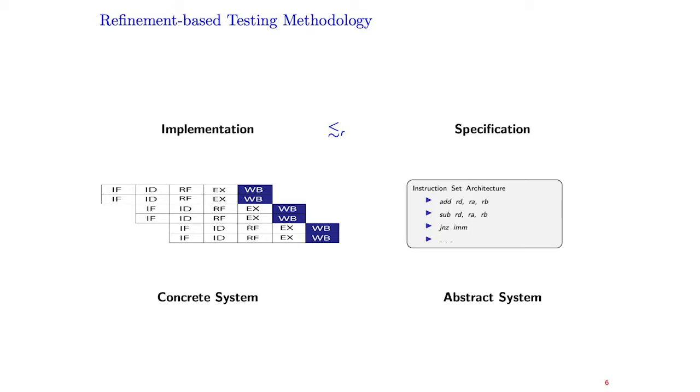And what we want to show is that this complex pipelined, multi-issue machine has no behaviors that are not permitted by the specification. And that's one property. It's the refinement conjecture, and if I were to prove it, it's complete functional correctness.